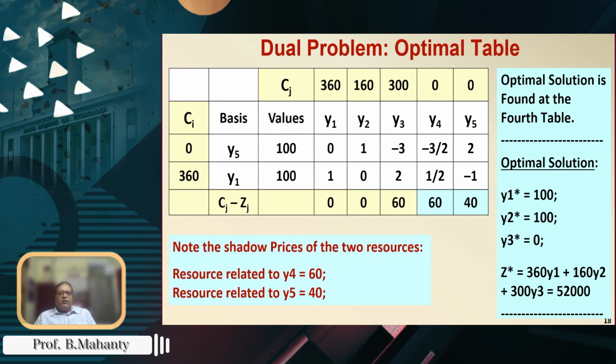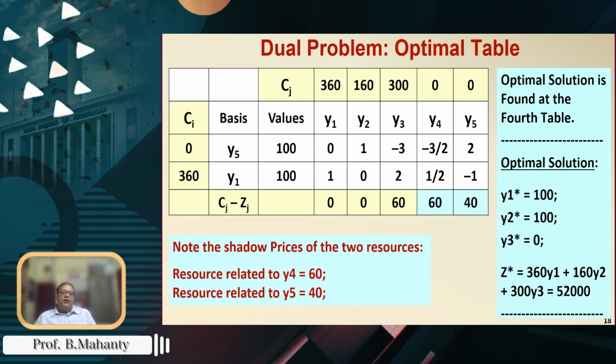So this is the optimal solution, and look here, what is the value of Z star? 360 into 100 plus 160 into 100 plus 0 into 300, so 52,000 again. All right. So carefully observe that our primal optimal solution was also 52,000, and in the dual also we are getting the same optimal solution.